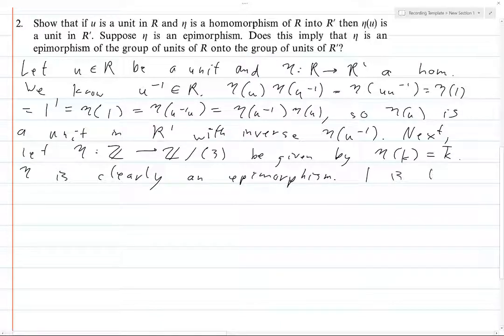1 is the only unit of Z. No, that's not true, because minus 1 is also a unit.